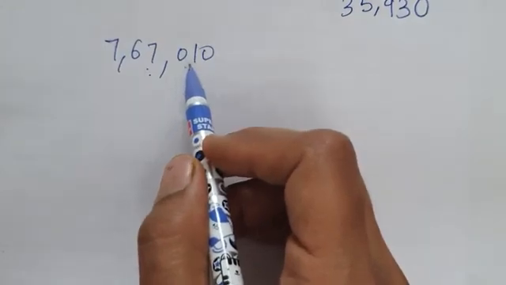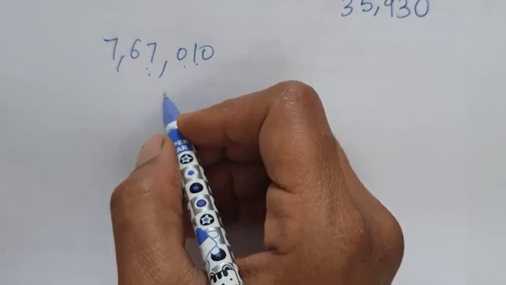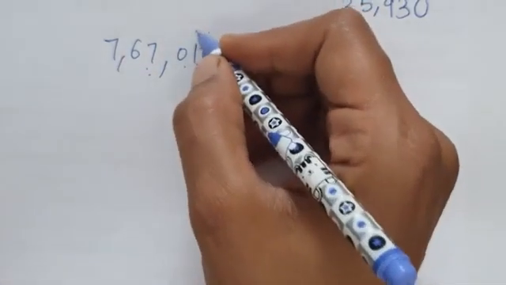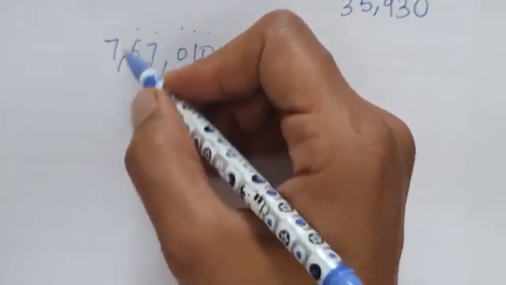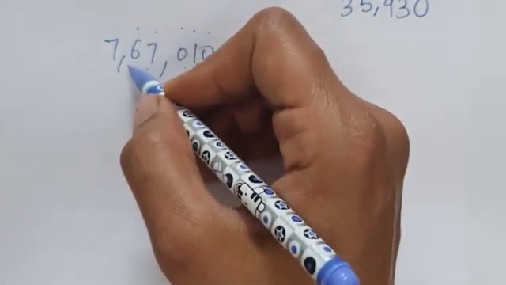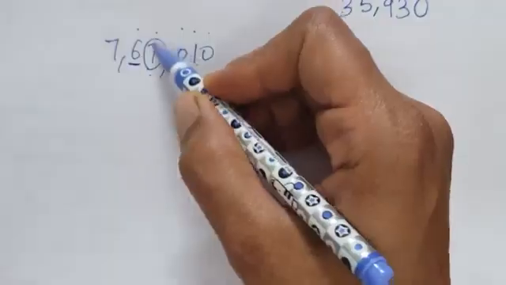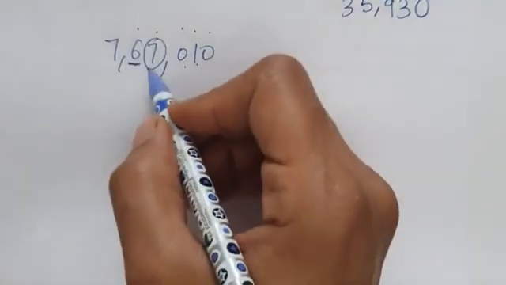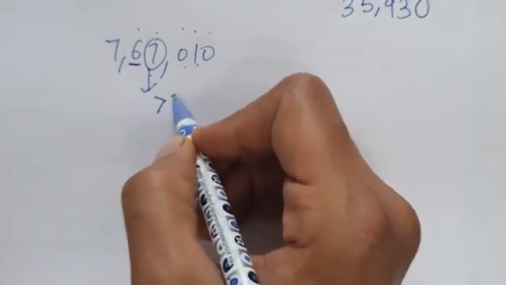Now next number is 767,000, that is 10. So now let us round off to the nearest 10,000. Ones, tens, 100, 1,000, 10,000. What is the next first step? That is underline it. Then the next step is we will put the circle. Now see, this digit is greater than 5.